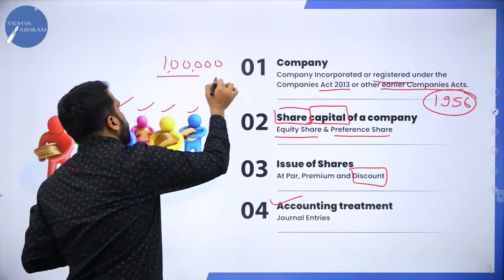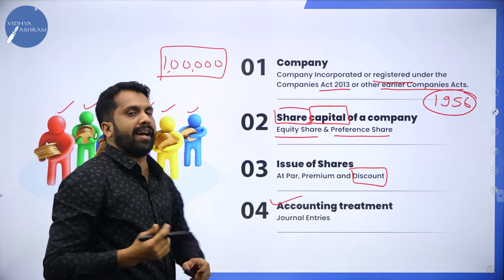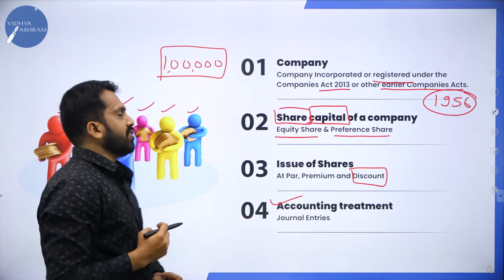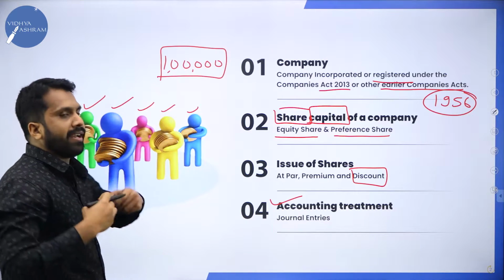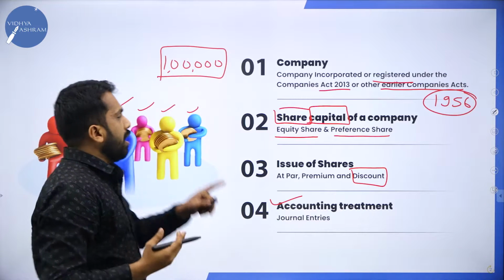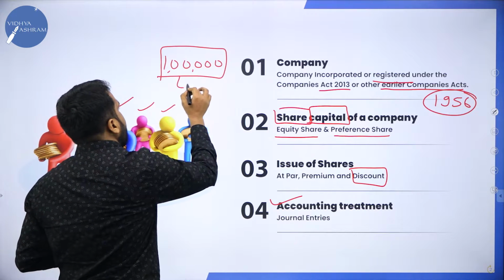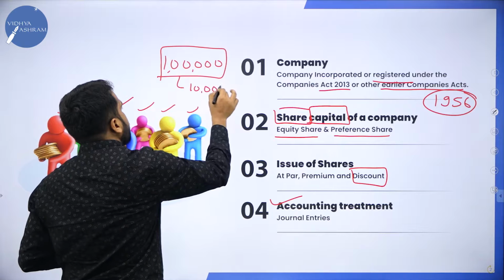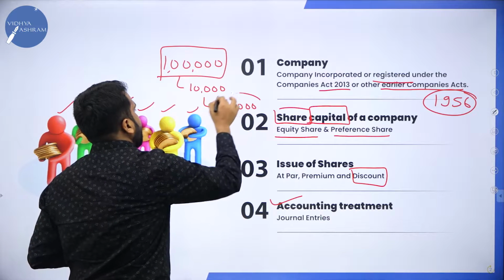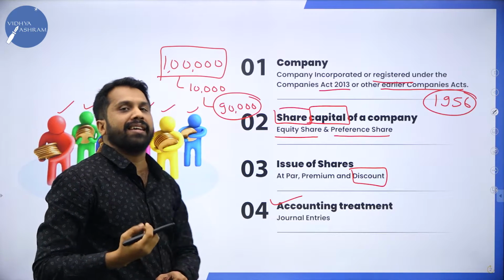For that plan, how much do I need? 1 lakh. I have taken a smaller number so that it is easy to understand. Right now, I don't have money. So what can I do? Out of 1 lakh, I may have 10,000 rupees. How much is needed? 90,000 I need.